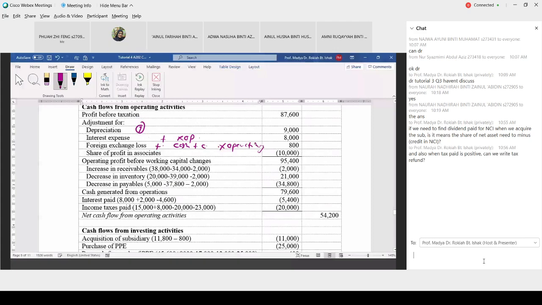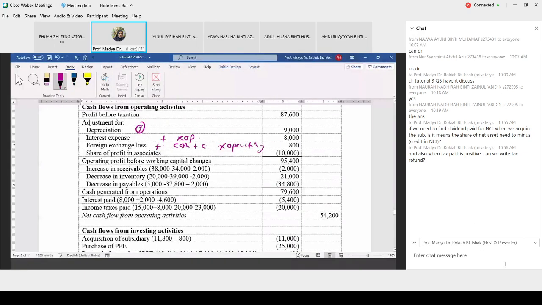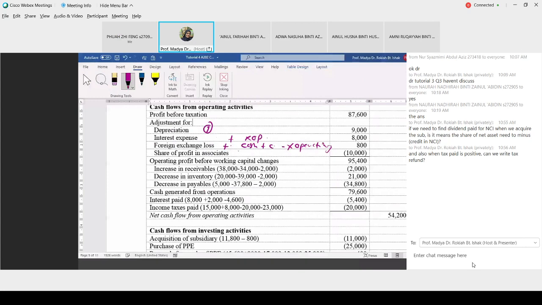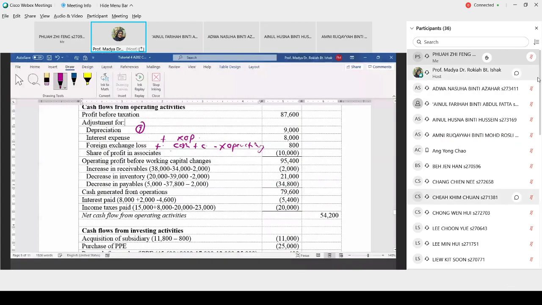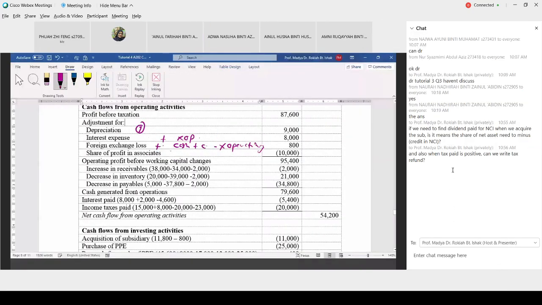Okay, for receivables here, the amount you have is 34. 34 is your beginning balance, and then you acquire another 2 here, so you're going to have 36. So 36 altogether compared with 38, so there is an increase. Increase in receivables means that you need to minus it.